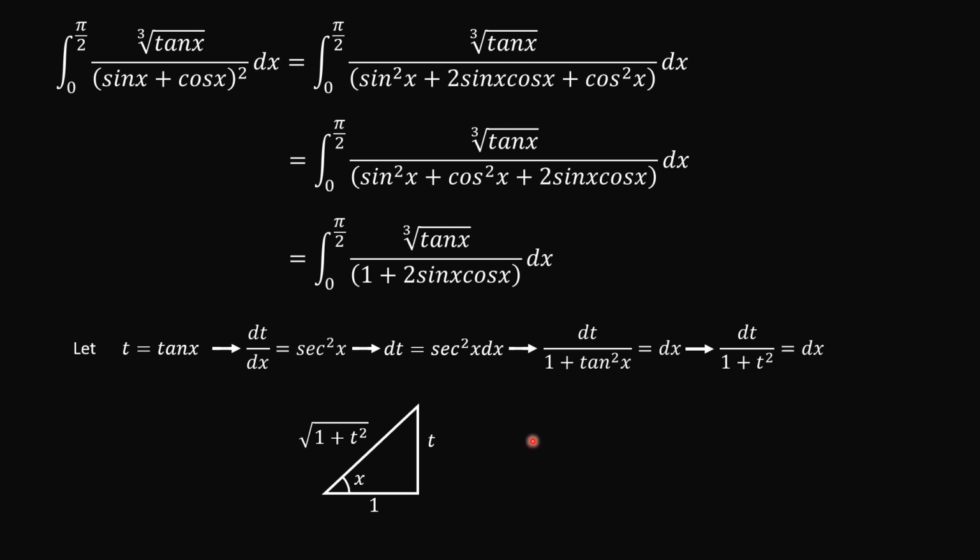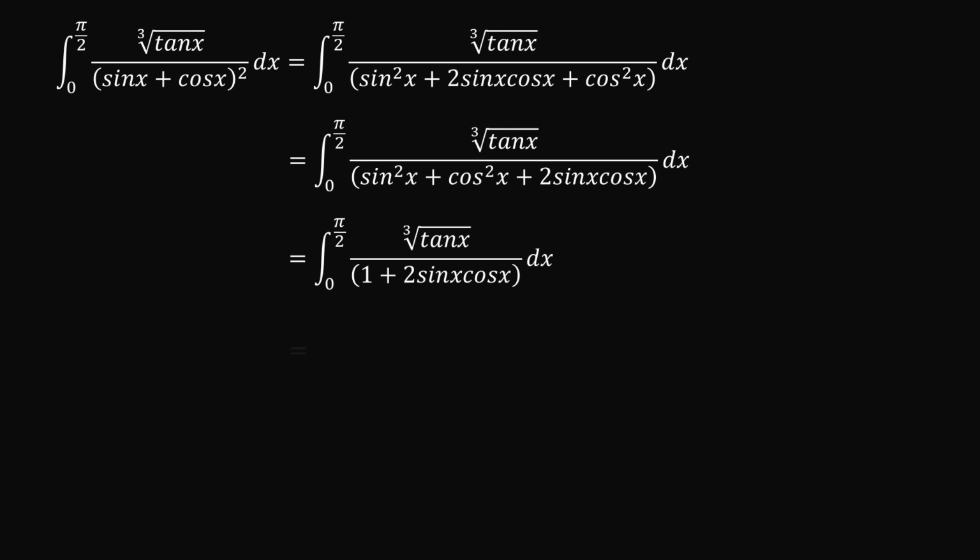So since we know the sine of that angle x is opposite over the hypotenuse, that will be t over the square root of 1 plus t squared, and we know cosine x is adjacent over the hypotenuse, which is now 1 over the square root of 1 plus t squared.